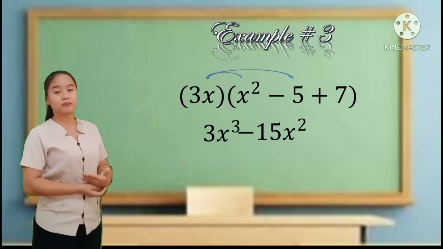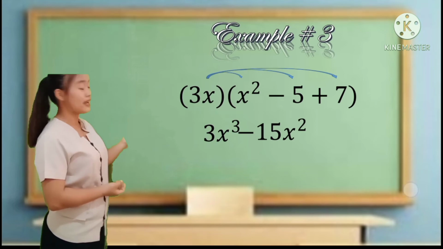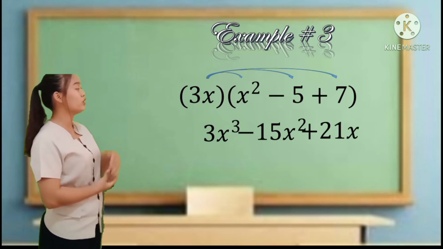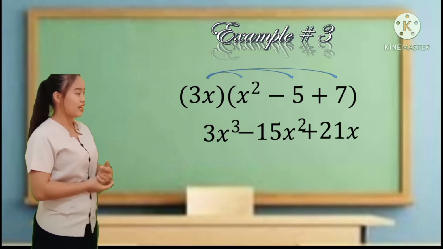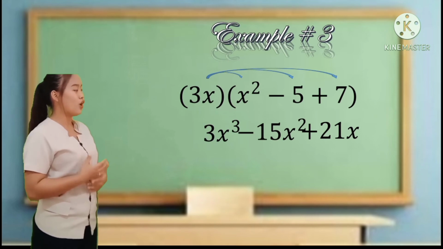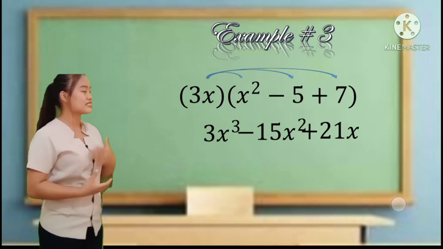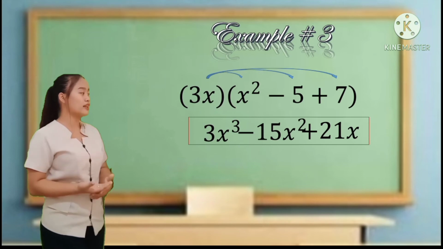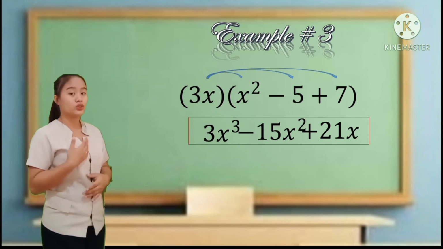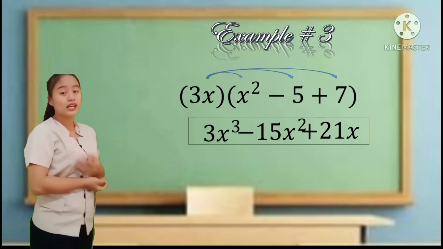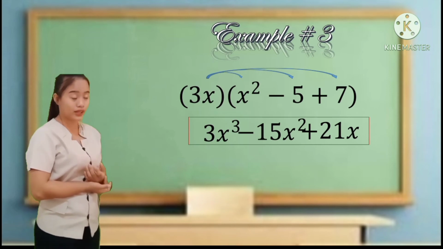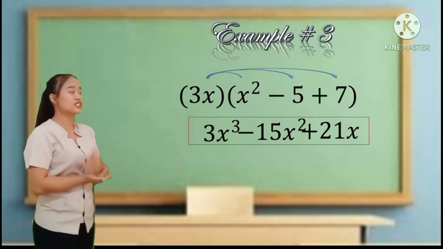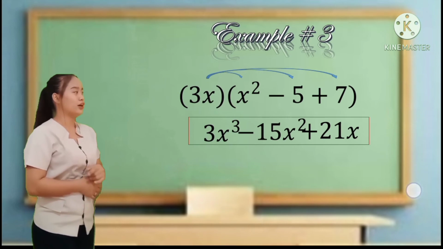And 3x multiplied by 7 is equal to 21. So this is the final answer of our problem. Class, the easiest way to multiply a monomial by a polynomial with more than one term is to use the distributive property. So now let's try another example.